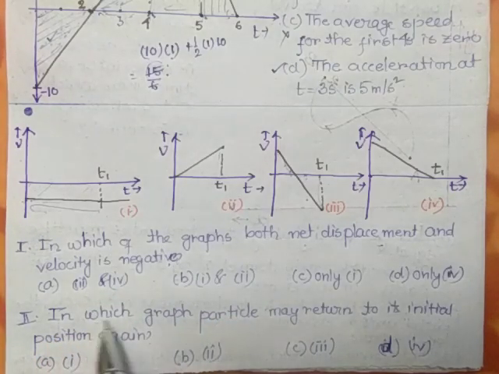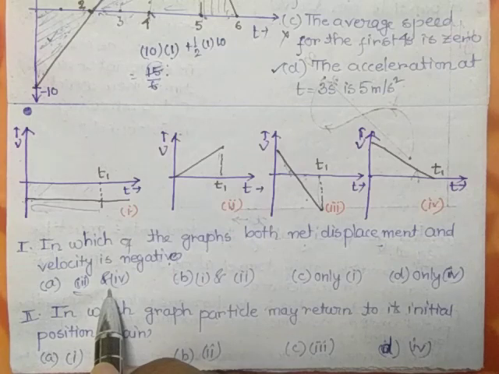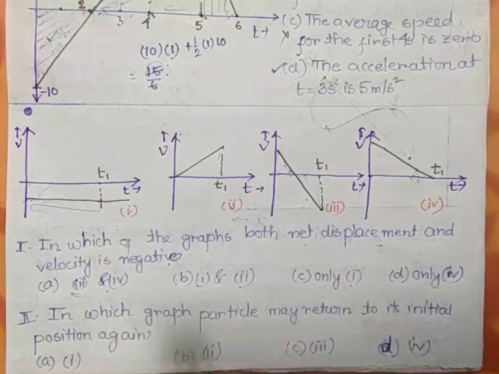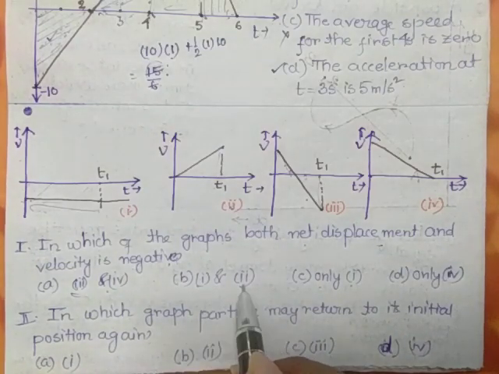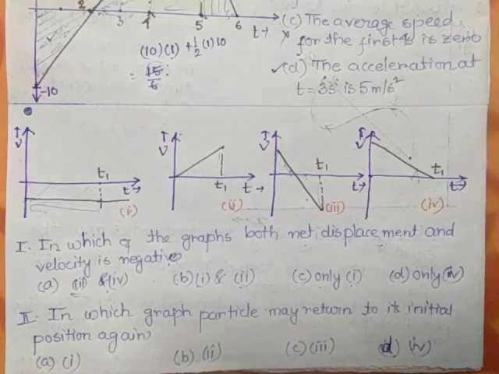So the option is not here, but the option should be 1 and 3. 3 and 4 can't be, 1 and 2 can't be, only 1 can be. So the options given do not match, but if we go for the logic, I think there is a printing mistake. There should be 1 and 3. So obviously we should go for the logic.